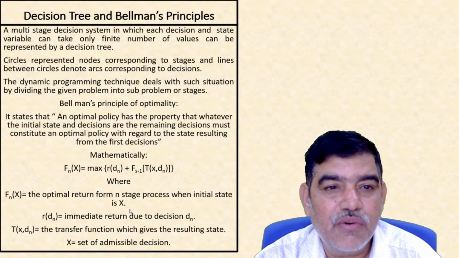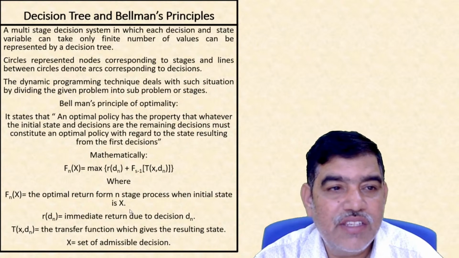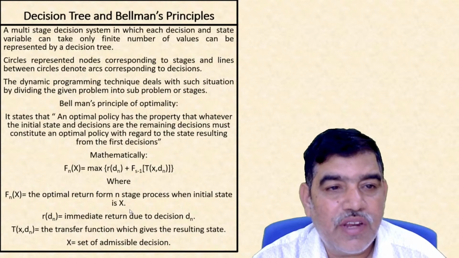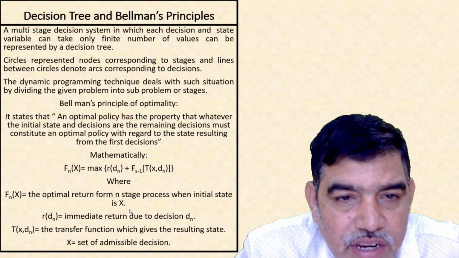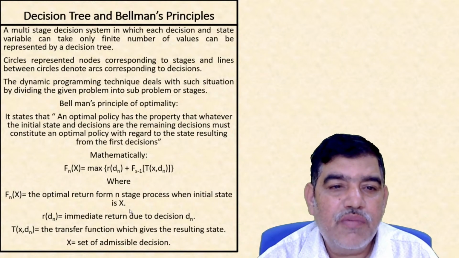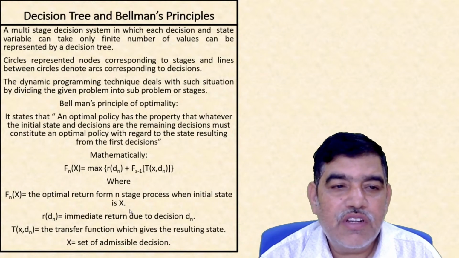Circles represent nodes corresponding to the stages, and lines between circles denote the arcs corresponding to decisions. The dynamic programming technique deals with such situations by dividing the given problem into subproblems or stages.